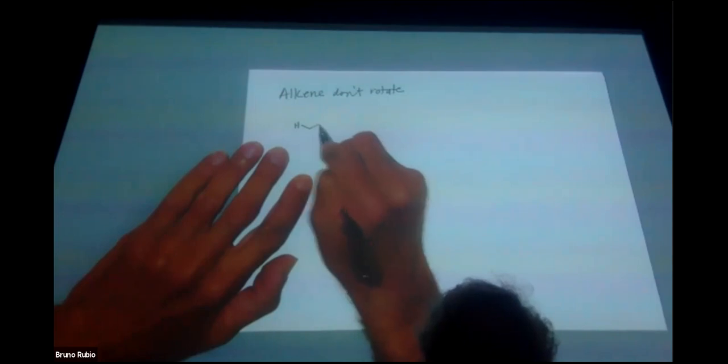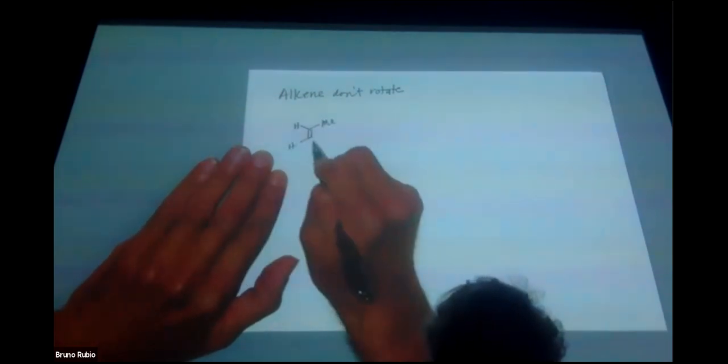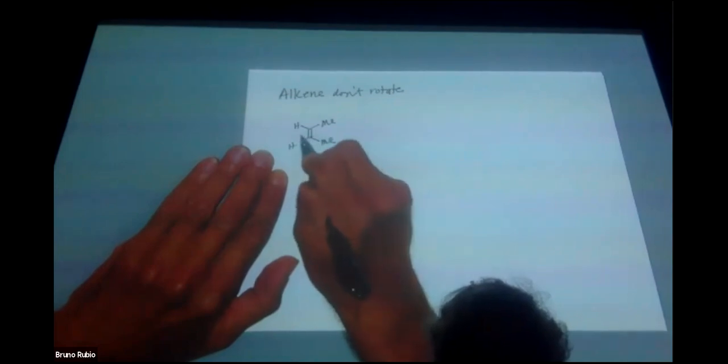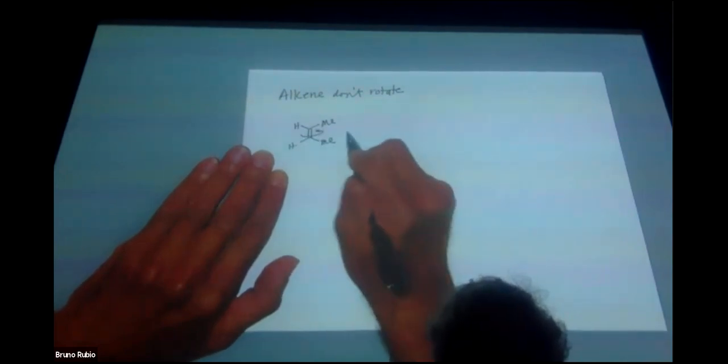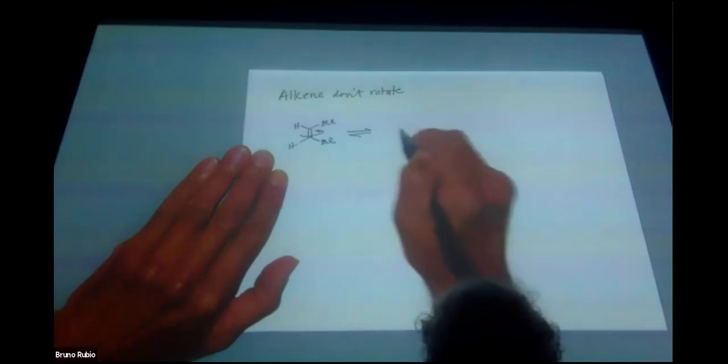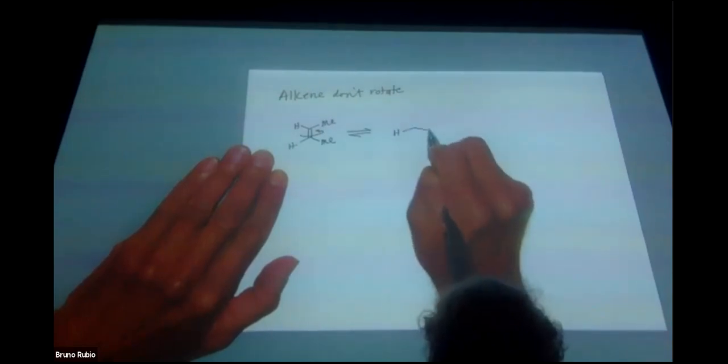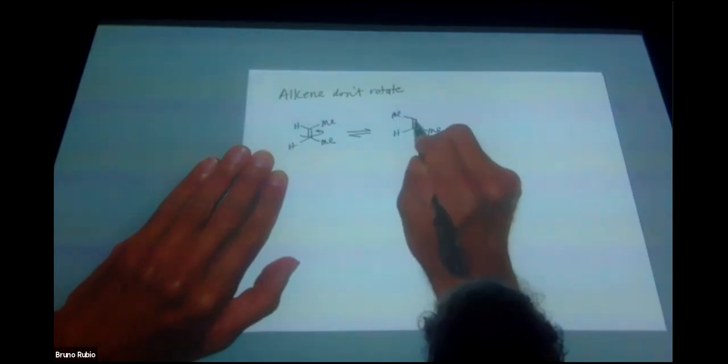So if we could imagine something like this, and then rotate around that carbon-carbon double bond, where now the methyl groups are on opposite sides.